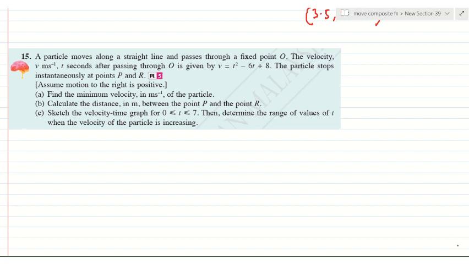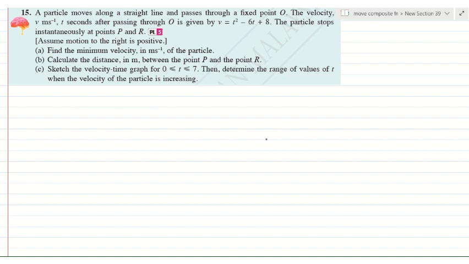The particle stops instantaneously at point P and R. Assume motion to the right is positive. Question A, find the minimum velocity in meter per second of the particle. Question B, calculate the distance in meter between the point P and R. C, sketch the velocity time graph for t between 0 and 7. Then determine the range of values of t when the velocity of the particle is increasing.